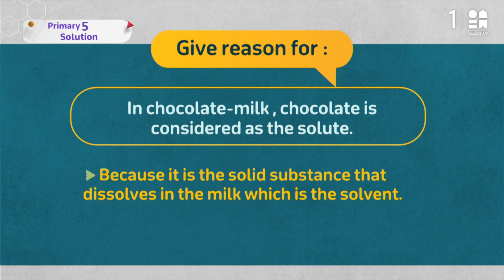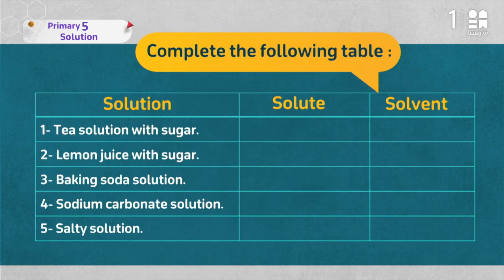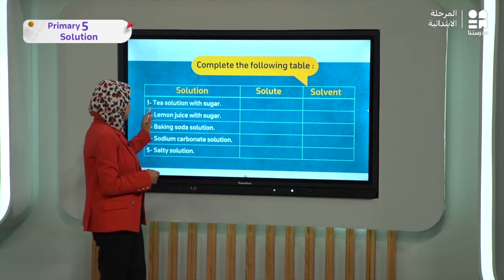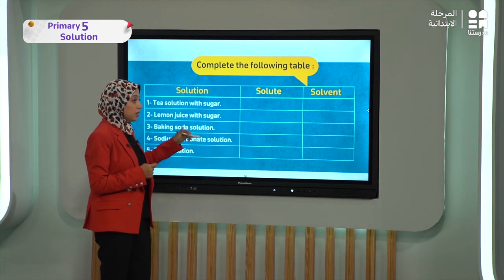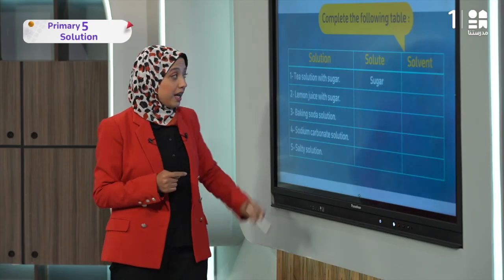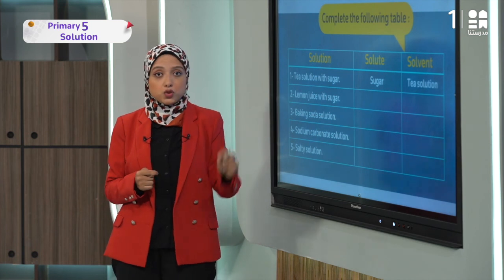The chocolate is the solute and the milk is the solvent. Now complete the following table. Here we have a table of solutions, and we want to know for each solution which one is the solute and which is the solvent. Tea solution with sugar: for sure, the sugar is the solute and the tea solution is the solvent.